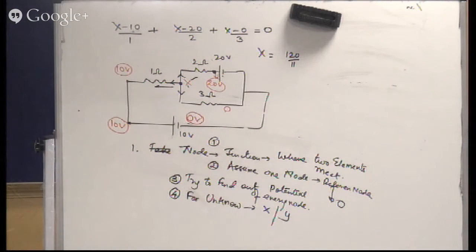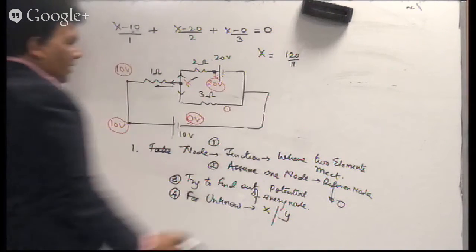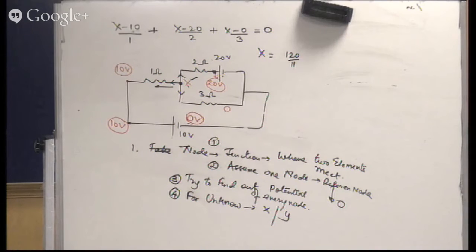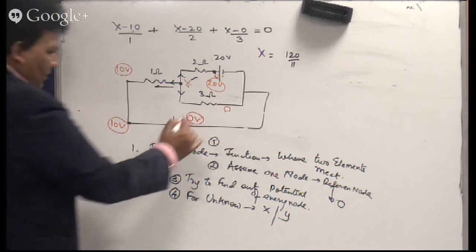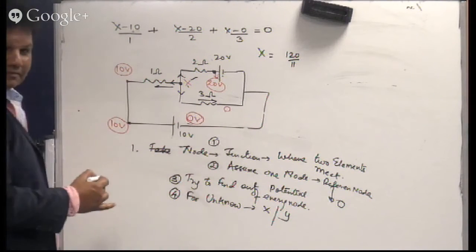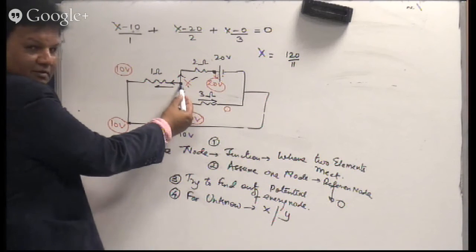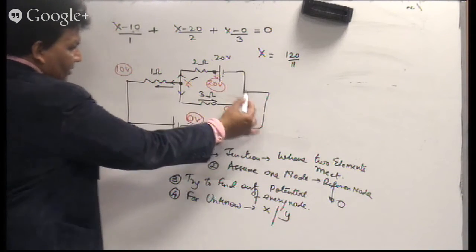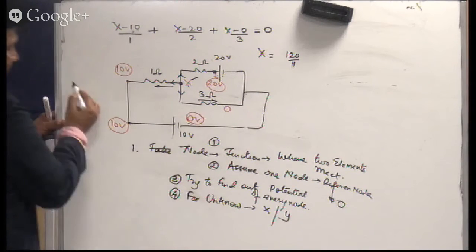Now, see the beauty of this method. If he says, find the current in this element, how much is this? x. How much is this? 0. What is the value of this current?